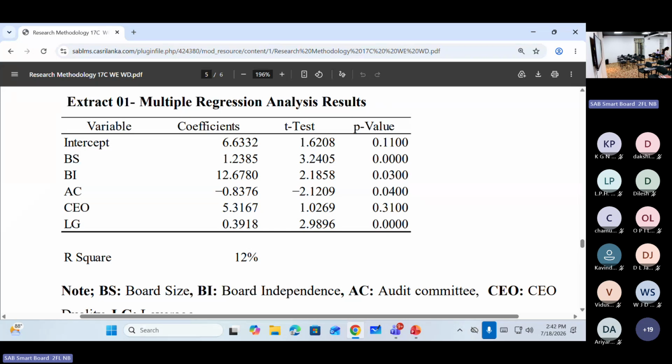Okay. Last one. H5. There is a significant impact of leverage on financial performance, FP, of CSC companies.